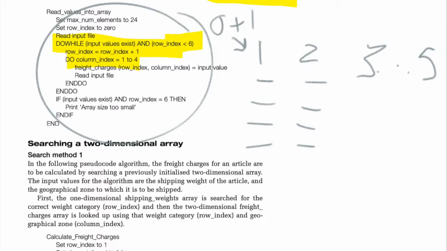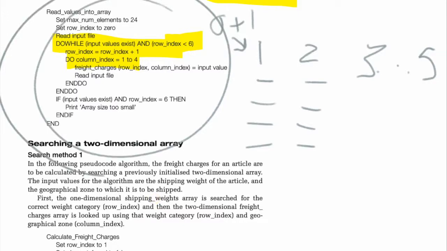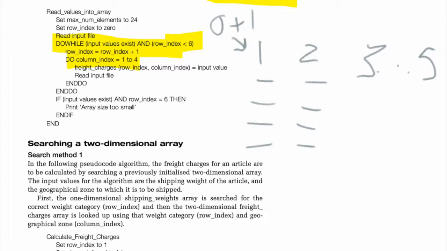Is it substantially unusual to see this kind of code? No, absolutely not. This is the way you're going to see it many, many times. So it's just that we're using nested loops. The outside loop, that's this one, is the rows. The inside loop, that's this one, is the columns.